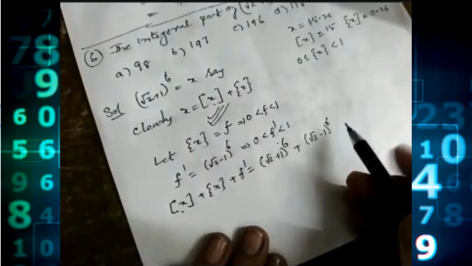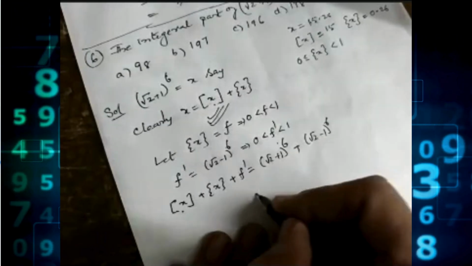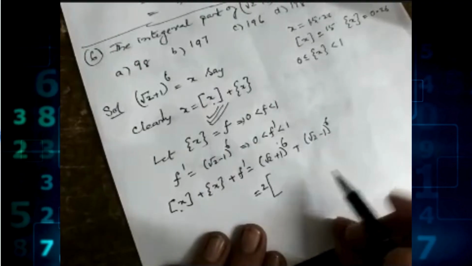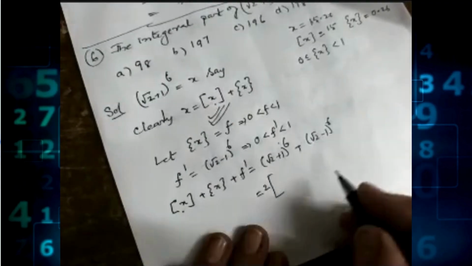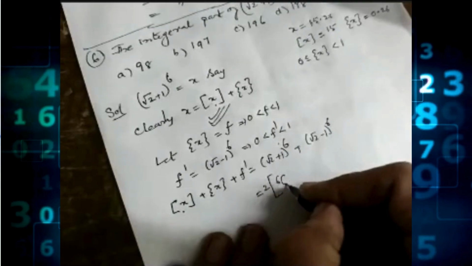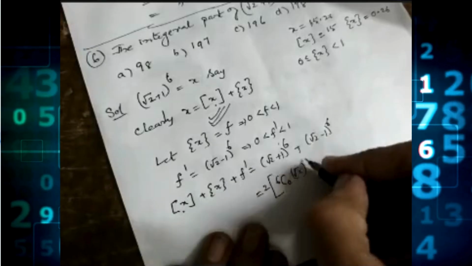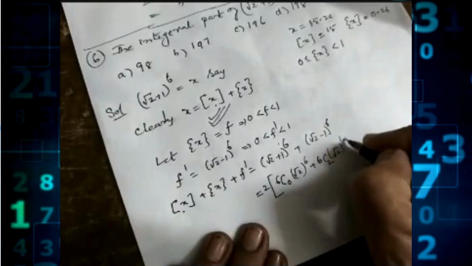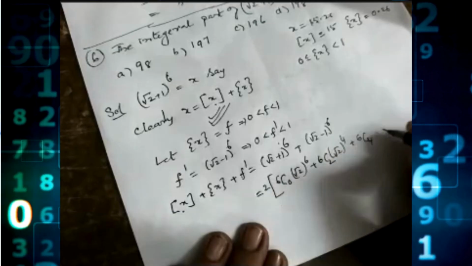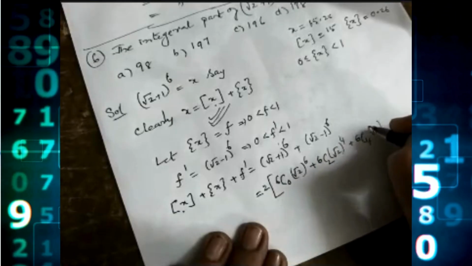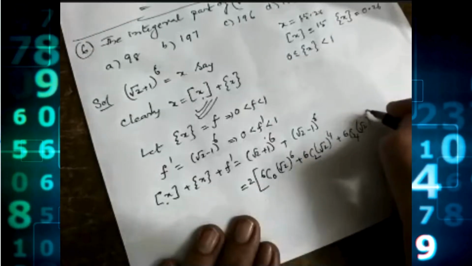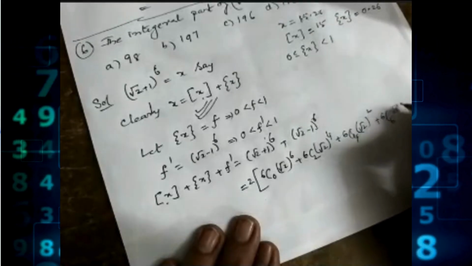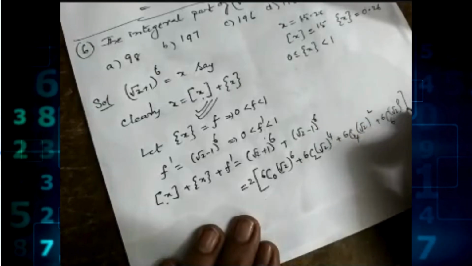While you are adding such expansions, you will get 2 times all those terms with the even coefficients; only those remain, right? What is meant by even coefficient? 6c0 into root 2 whole power 6 plus 6c2 into root 2 whole power 4 plus 6c4 into root 2 whole power 6 minus 4, that is 2, plus 6c6 into root 2 whole power 0. That's it. These are the only things that remain.